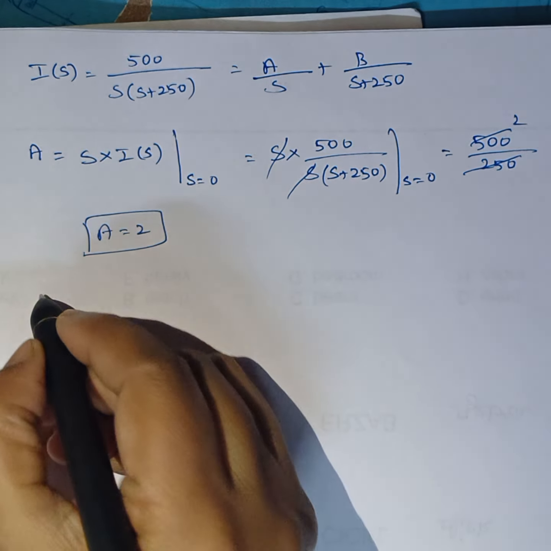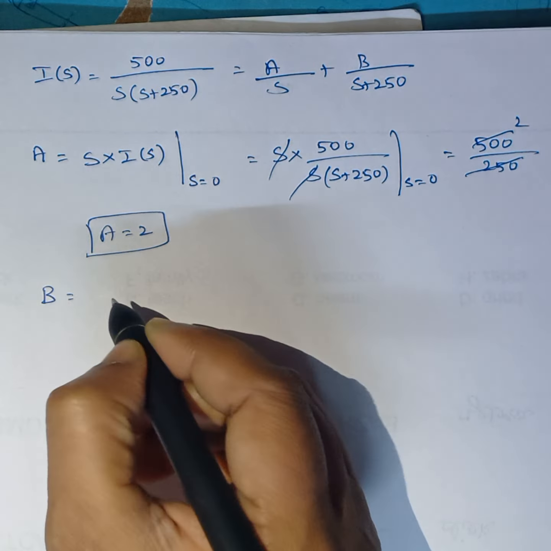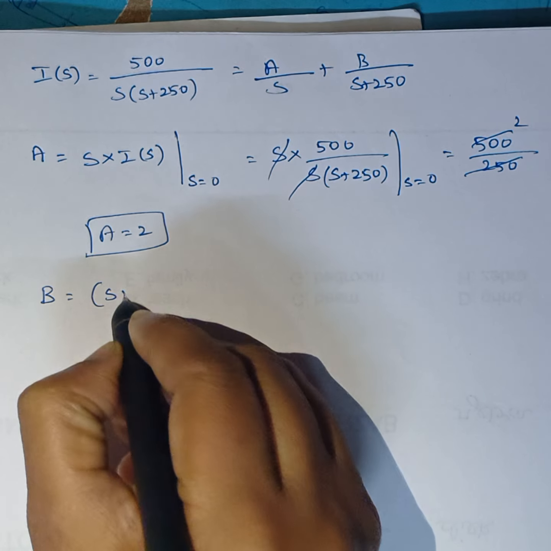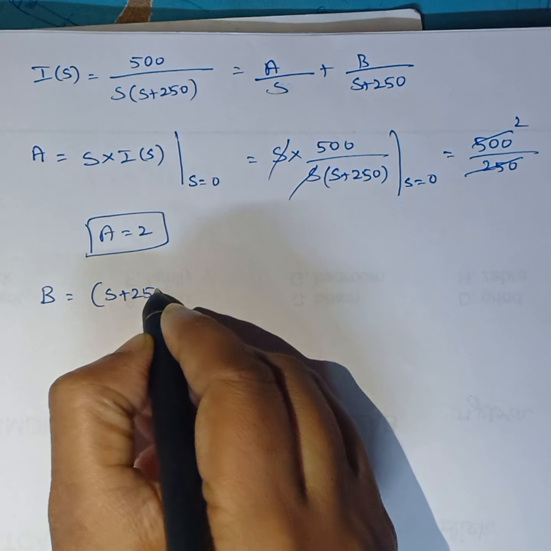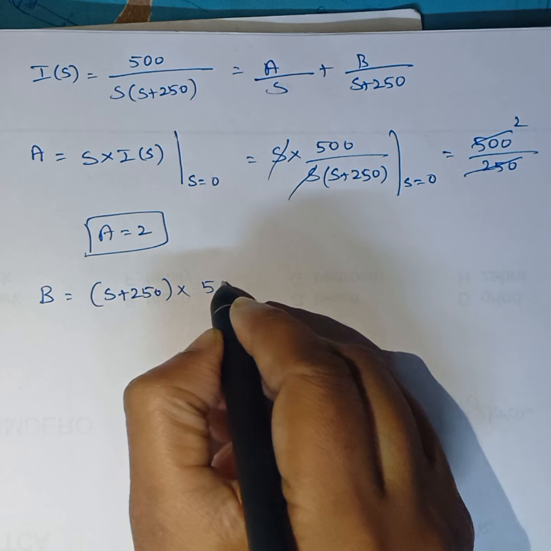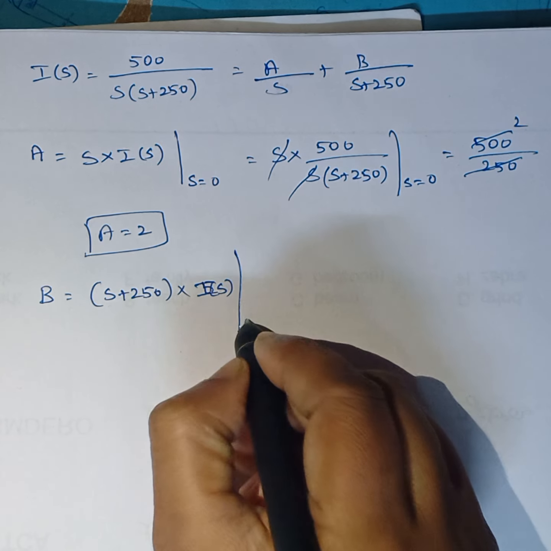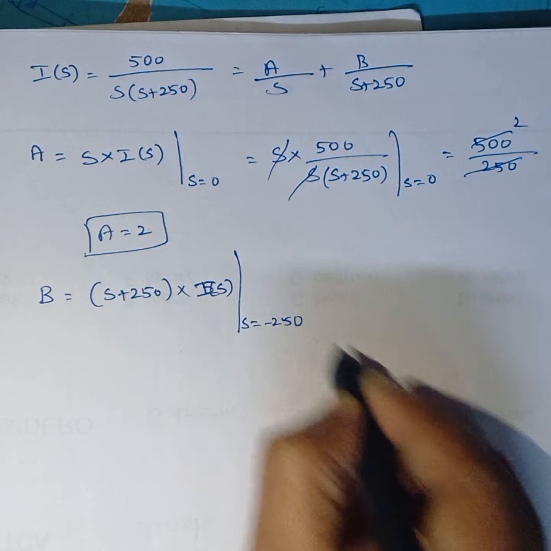Then similarly the B value. B is equal to its root. What is the denominator? s plus 250 multiplied by I of s, at s is equal to minus 250.